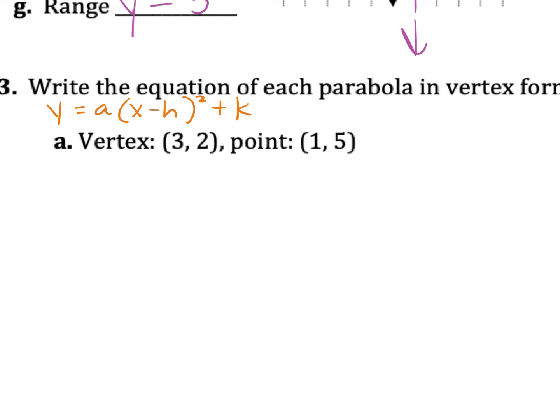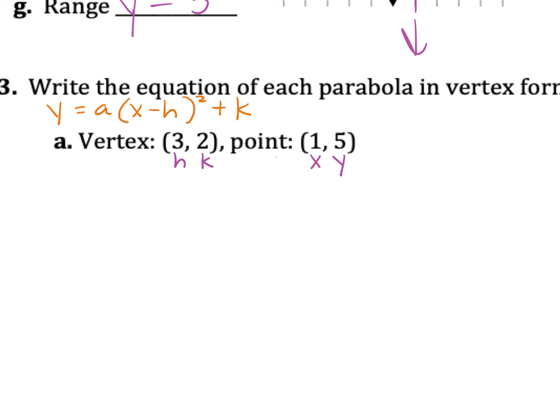They are in x and y, but in our form, they're h and k, right? So if I were you, I would write h, k here, and then you have a point. And a point is always an x value and a y value. So we're going to call the point x, y. What are we missing variable-wise from our vertex form? A. You have to find a to be able to set this up in vertex form.